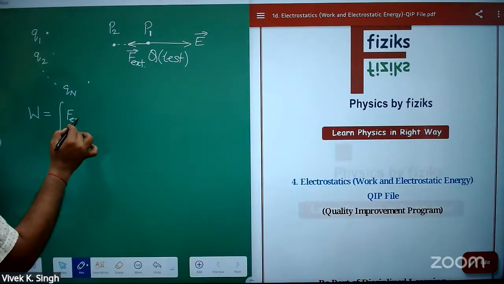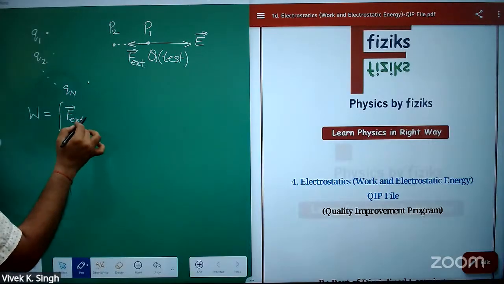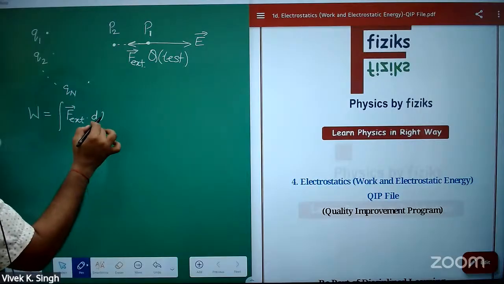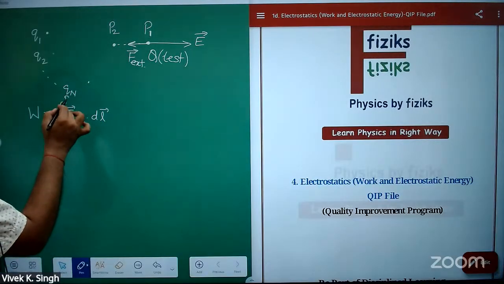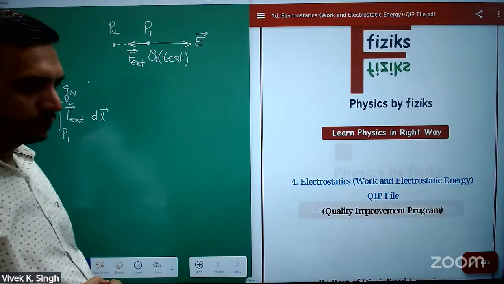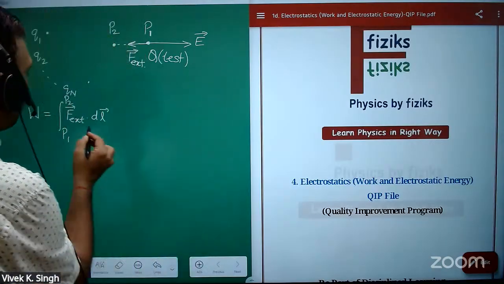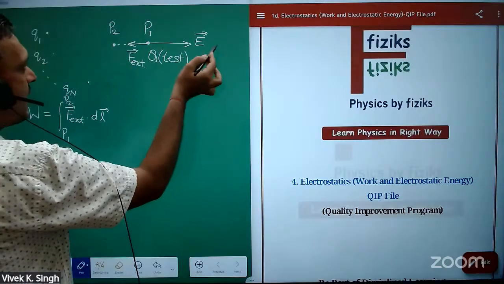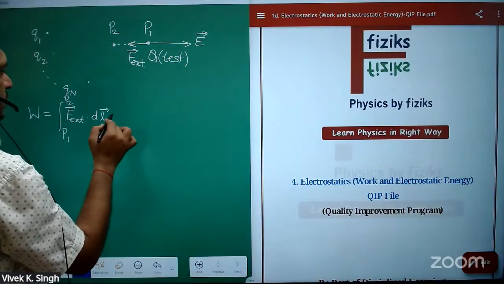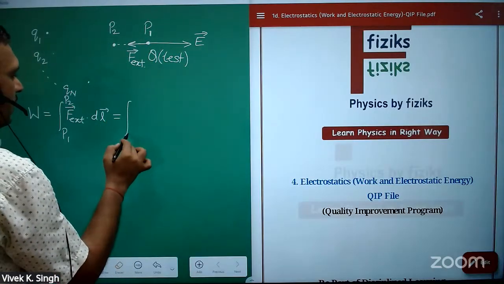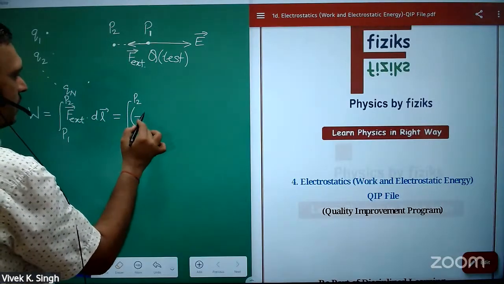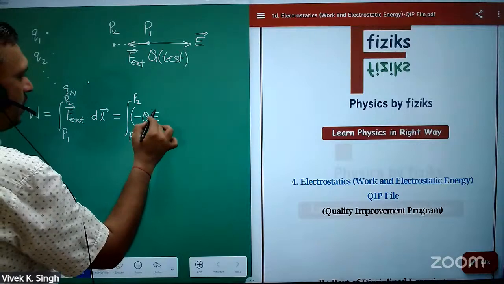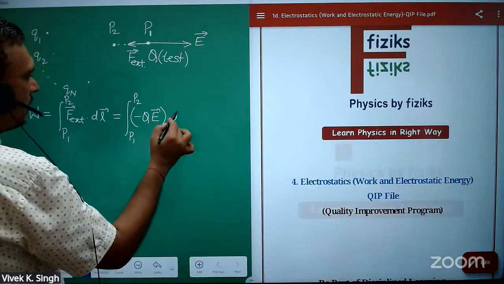similarly, the integral of F external dot dl, where you want to move it from P1 to P2. And because in this direction the field force is QE, this external force is minus Q into E. So I am taking the integral from P1 to P2 of minus Q into E dot dl.